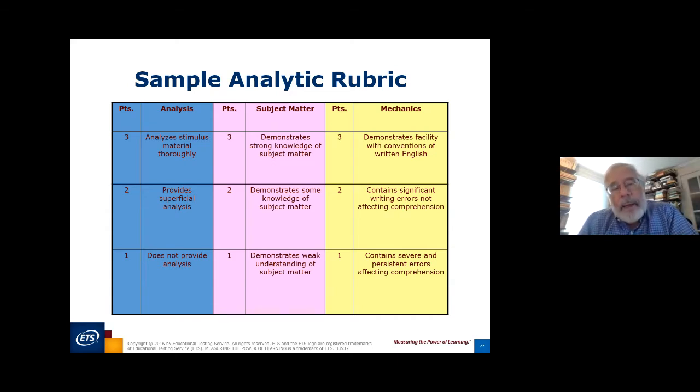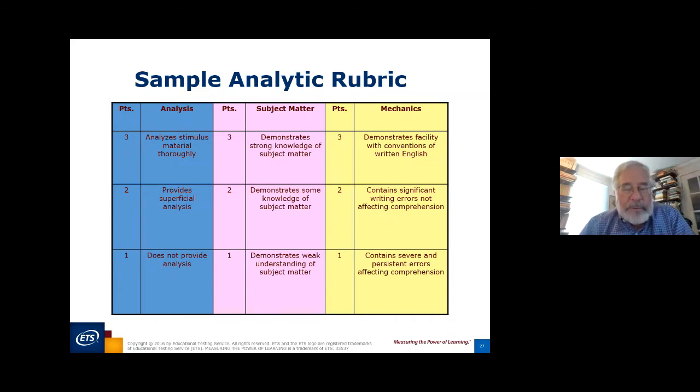That way, a test taker can get a score saying you have very strong knowledge of the subject matter. Your analysis, it's not that good, but you have severe and persistent errors in mechanics. Then a teacher can say to that student, you need to work first on your mechanics, you need to work on your analysis, you definitely understand the subject matter. So that's a sample, very simple analytic rubric.